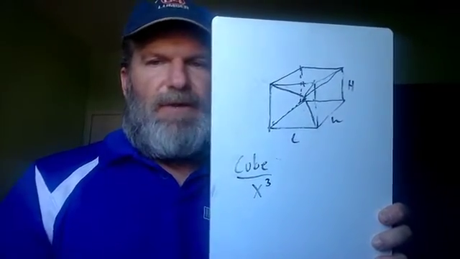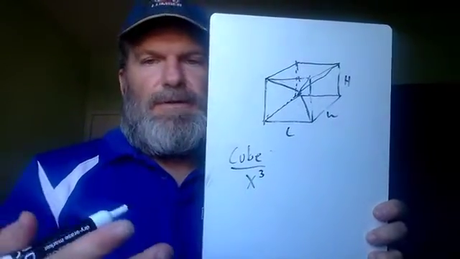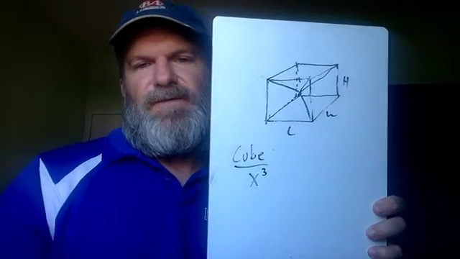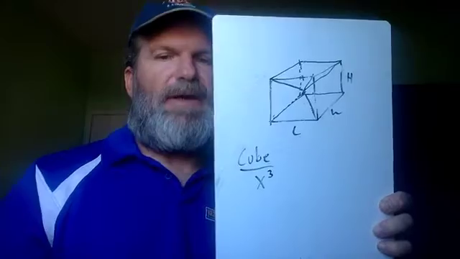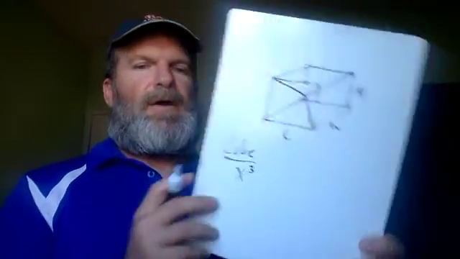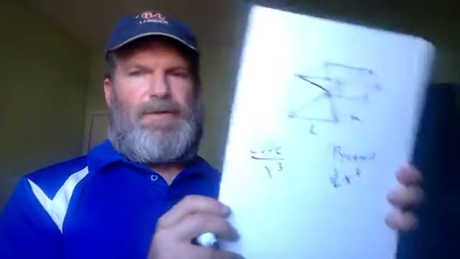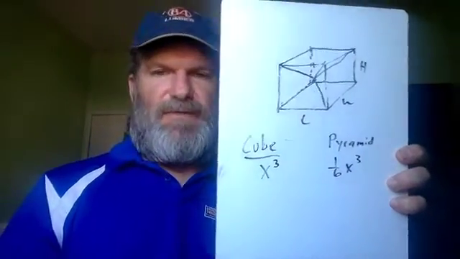If length is 4, then so is the width and so is the height, so it'd be 4 to the third power. But since we're not putting numbers to them, I'm just going to say it's x. So x to the third power is the cube. Well, the pyramid was 1/6 of that, 1/6 x to the third power, because you could fit 6 of them in there.